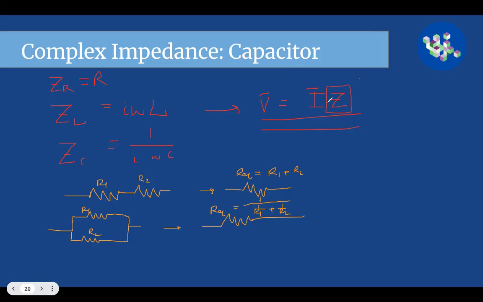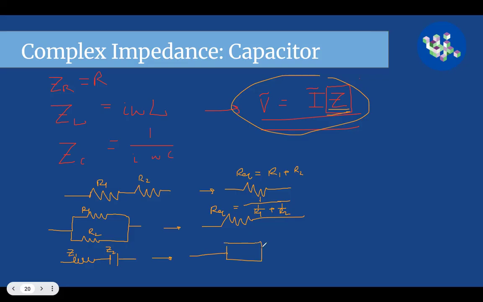Now, the cool thing is that because Ohm's law and our complex impedance definition are almost the same, except instead of resistance we have complex impedance, that means if I have an inductor and a capacitor in series, and I know each of their complex impedances, so let's say I have Z1 over here and Z2 over here, I can replace them with a box.